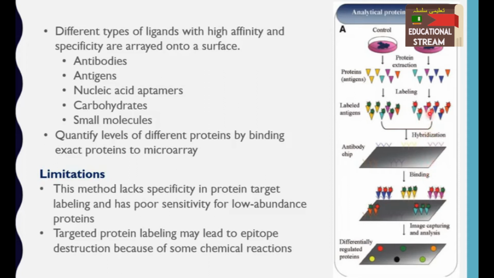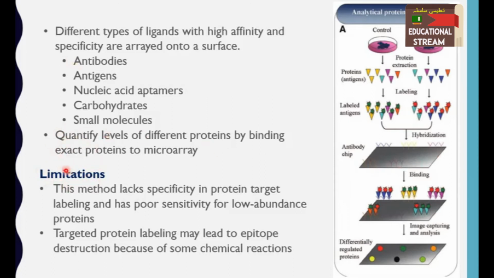So in the analytical protein microarray, different types of ligands, as we have already discussed, include the antibodies, antigen, DNA or RNA or oligonucleotide aptamer, carbohydrate or small molecules having high affinity and specificity. They are spotted on a derivatized surface to find the interacting partners of these proteins.